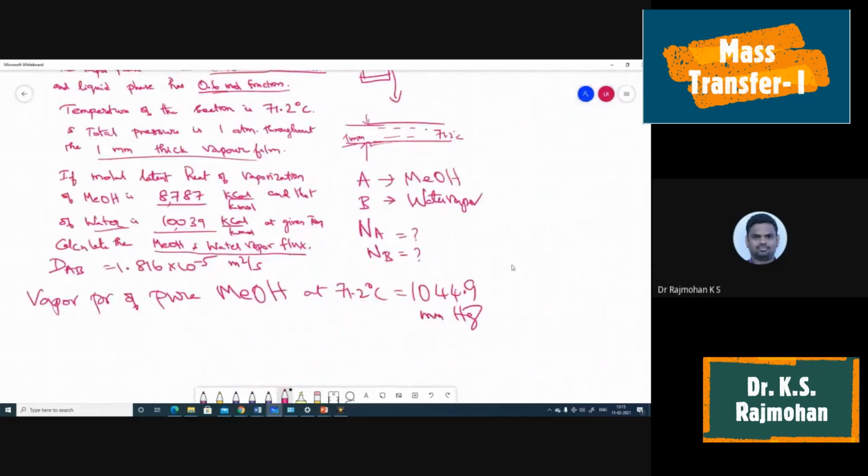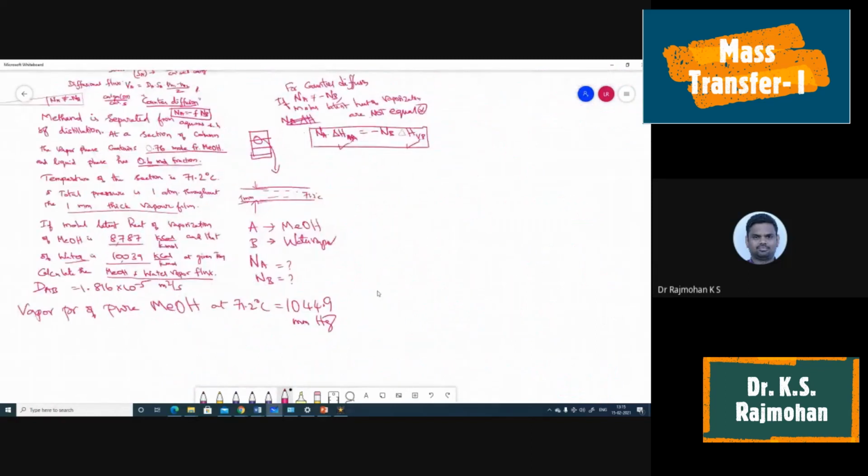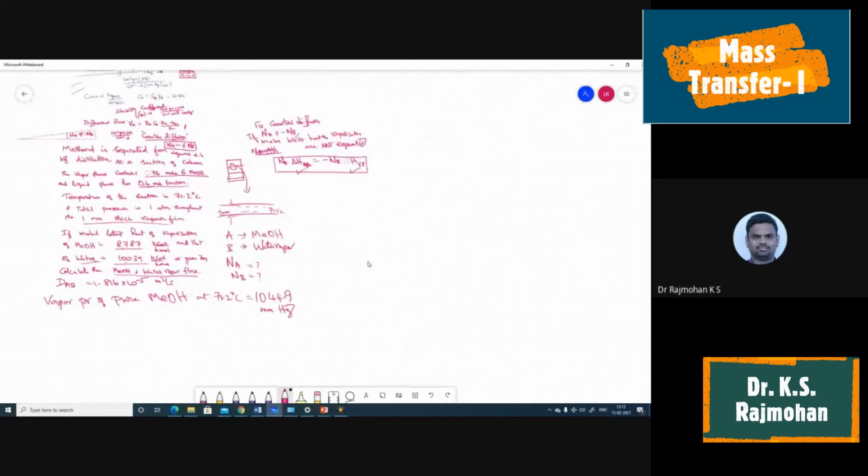Now you can write the given data. All the data are given, right? So what are the given data? Write the temperature.